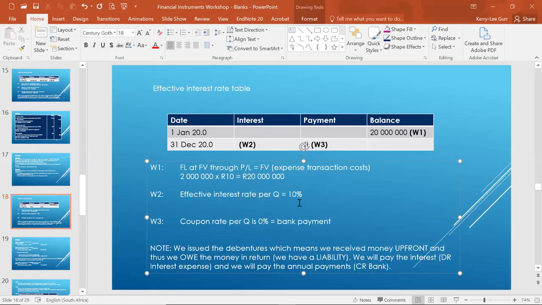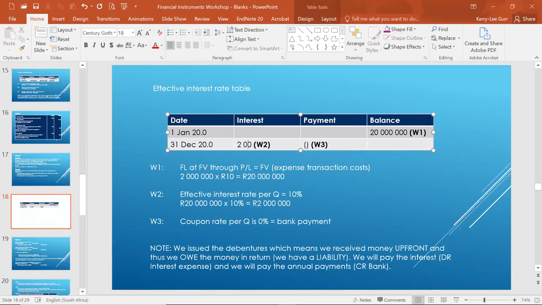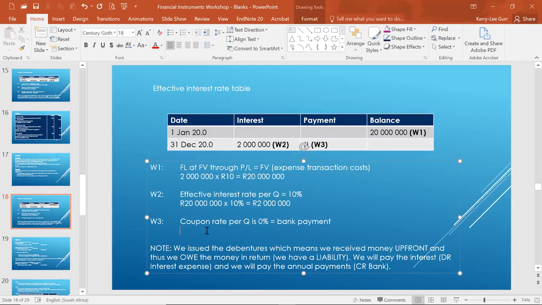Okay, we then work out our effective interest. So we take our balance, which was 20 million per our little table there. We times it by our effective interest rate of 10%, and we get our interest of 2 million. Nice and easy. And then our payment, remember our coupon rate was actually 0% in this question.